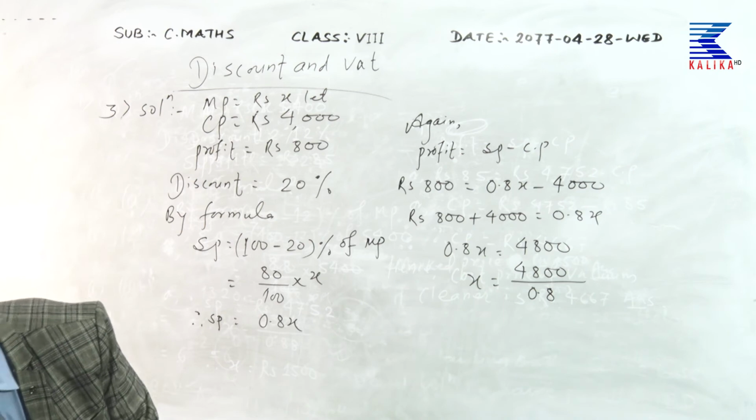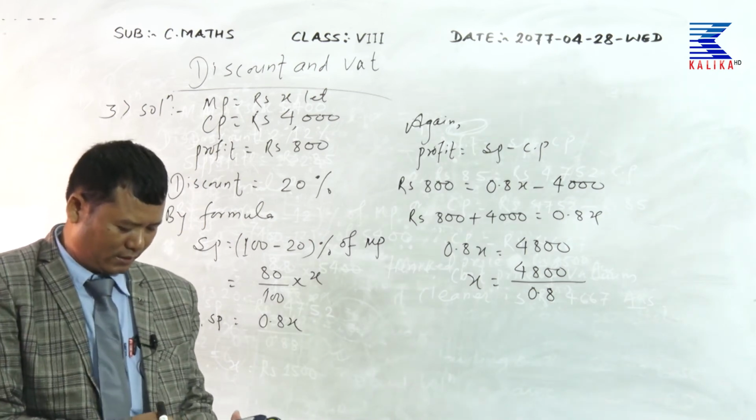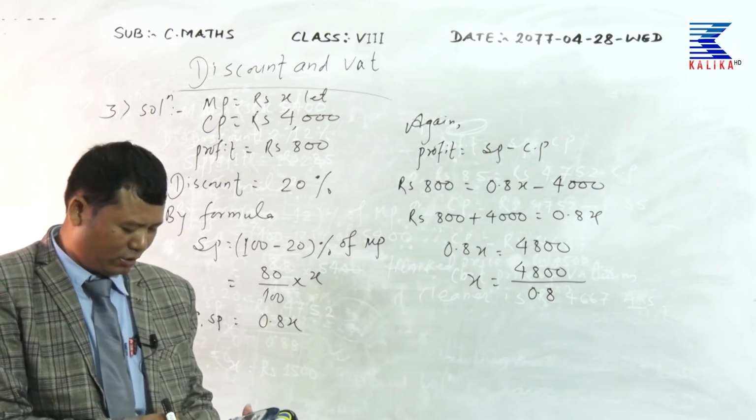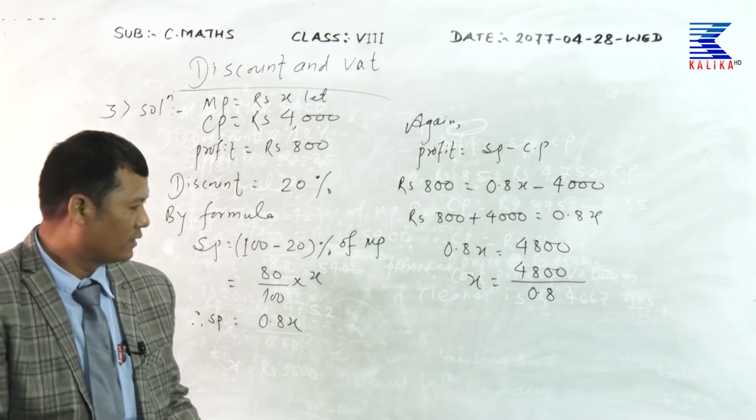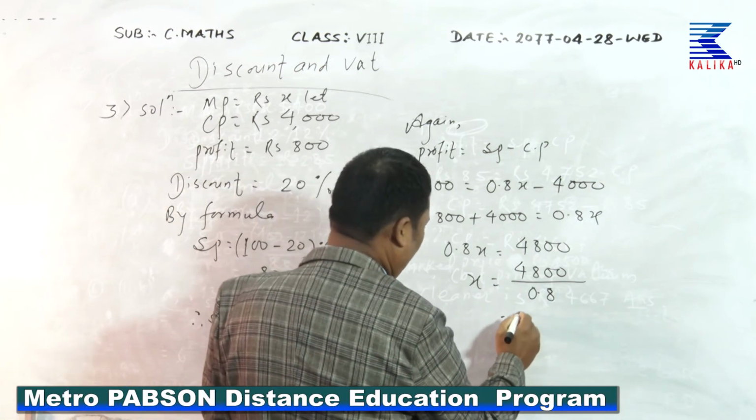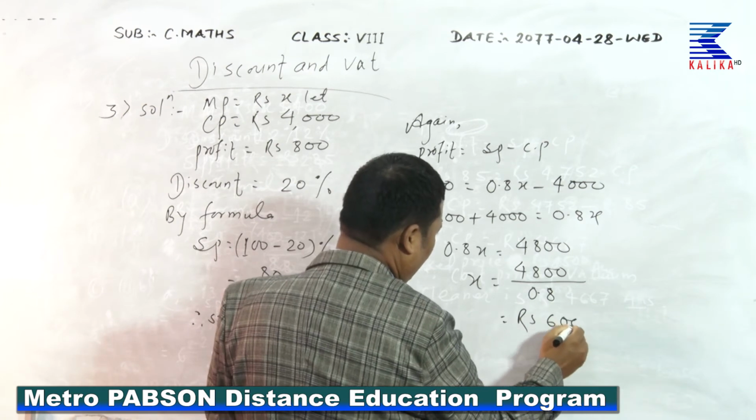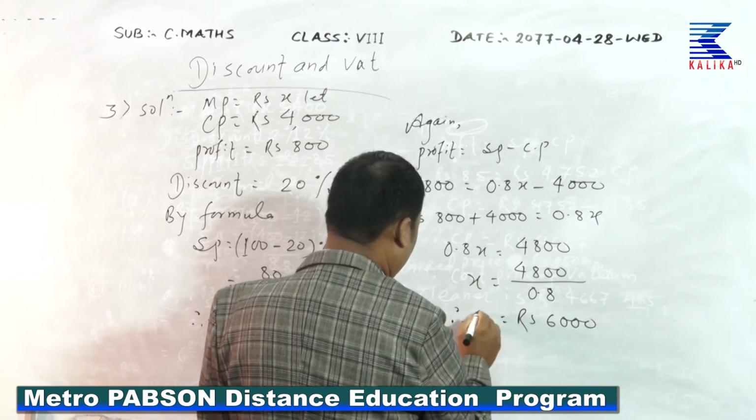Using the calculator, 4800 divided by 0.8 is Rs 6,000. 6,000 is the mark price.